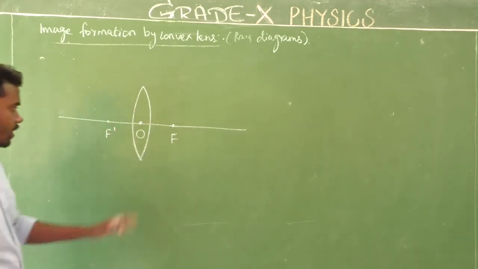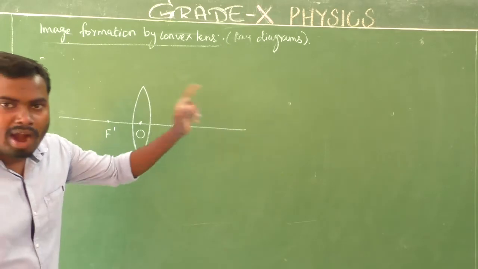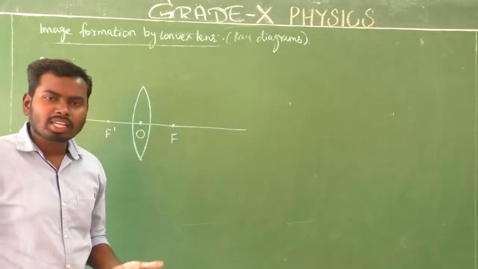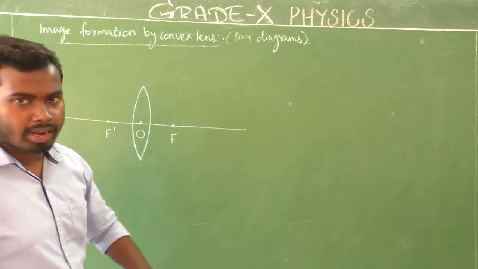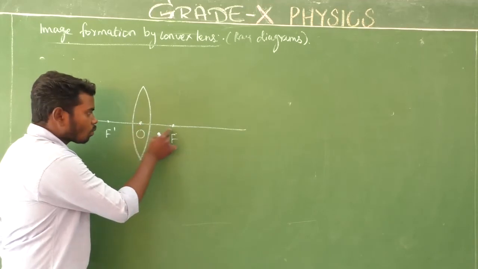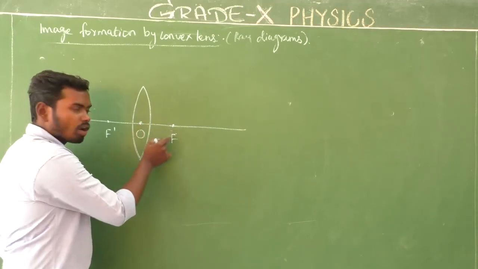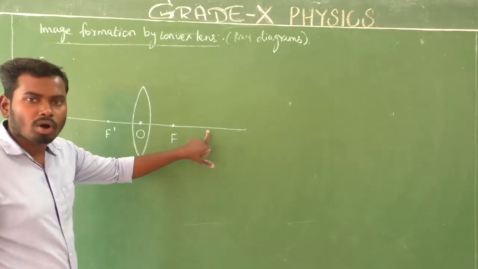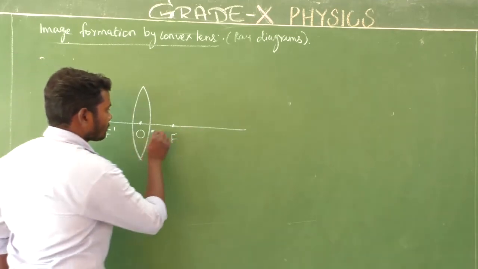Is it clear? Yes. Just now we have seen what 2f and 2f dash are. What is 2f? 2f means twice of its focal length. For example, the distance between optical center O and the focus is the focal length. So twice the focal length is 2f.